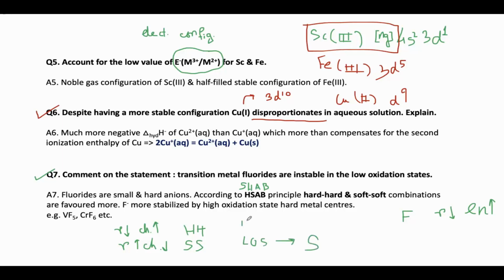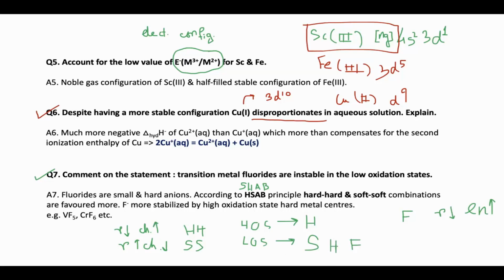And if you take the high oxidation state species, they are hard. Now, fluorine, you see the radius is small, the electronegativity is high. That's why fluorine is hard. So low oxidation state is soft, but fluorine is hard.